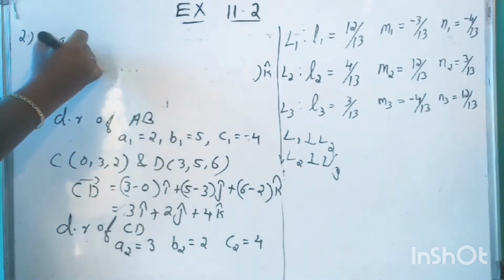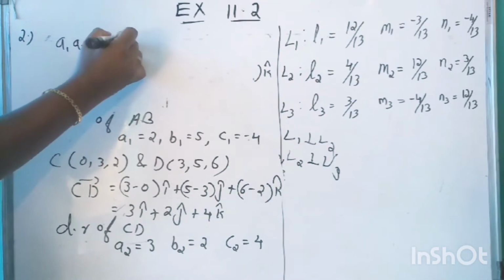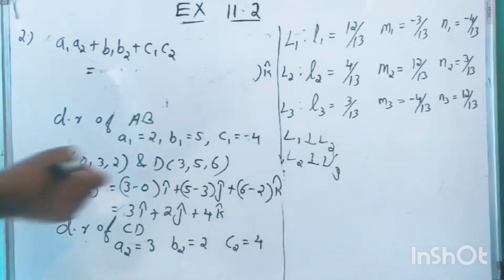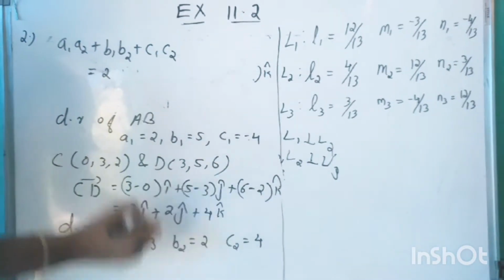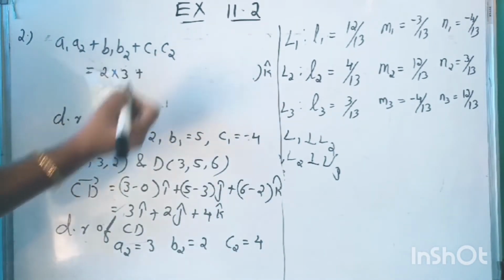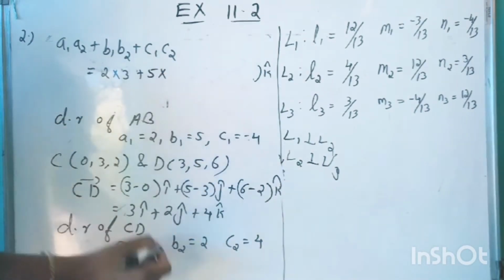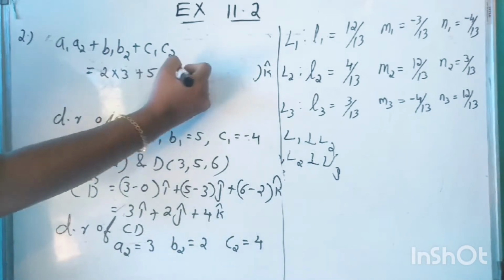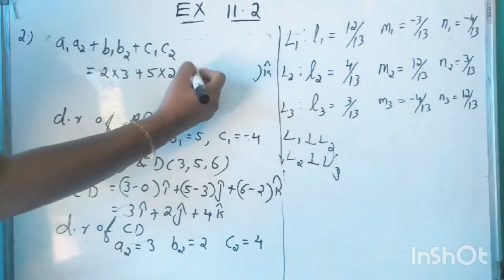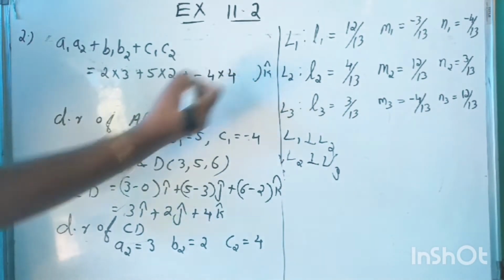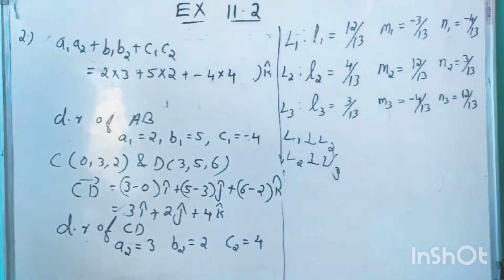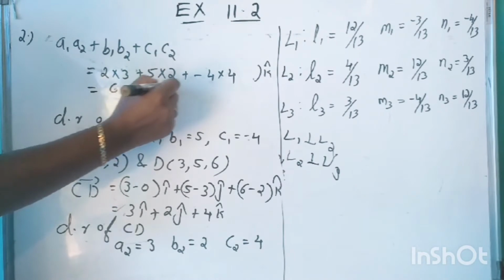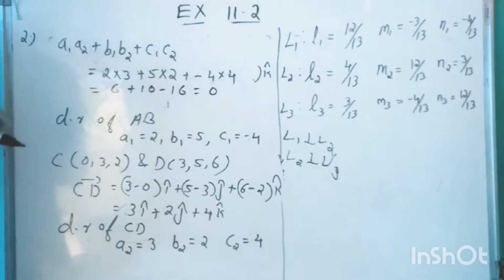So consider A1A2 plus B1B2 plus C1C2, that is equal to 2 into 3 plus 5 into 2 plus -4 into 4, that is 6 plus 10 minus 16. This is equal to 0.